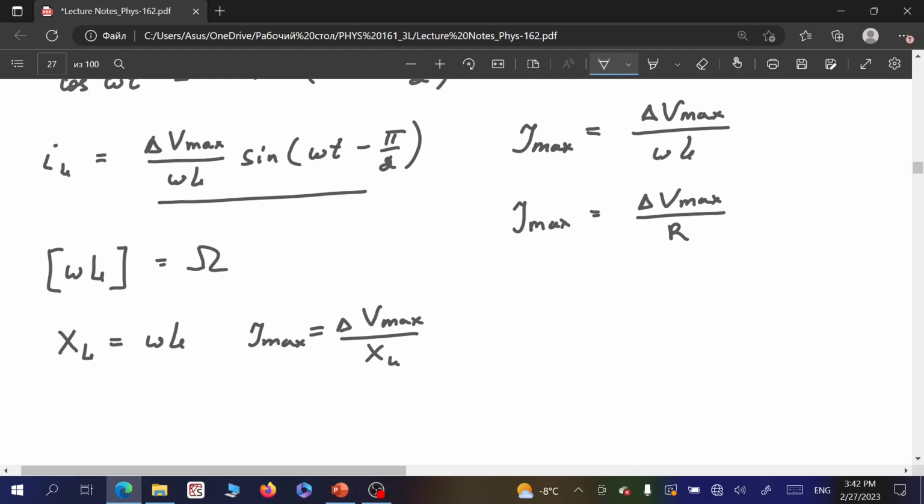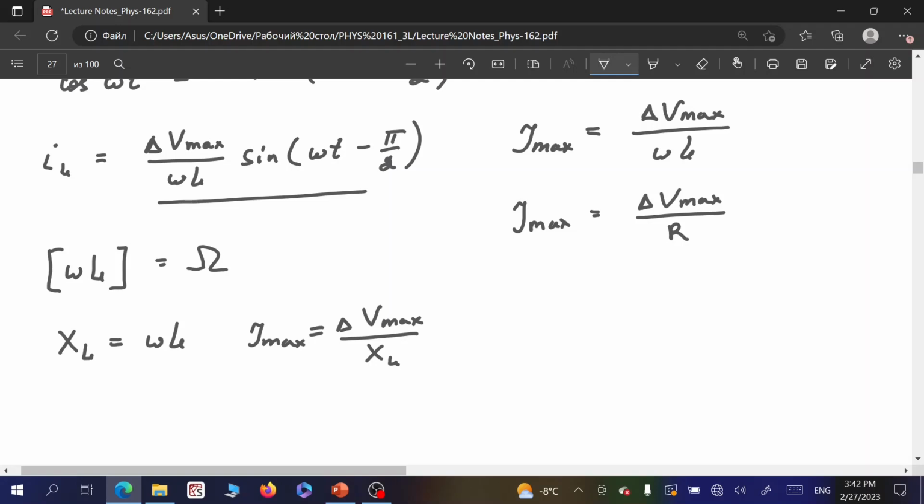In order to calculate it, we considered average power over one period of AC current delivered to an active resistor R, and then we calculated IRMS as square root of average power divided by R. That is also valid for VRMS value when we deal with voltage. So it's I maximum of AC current divided by square root of 2.